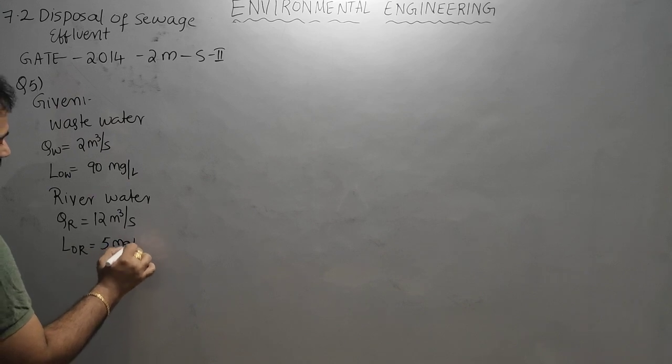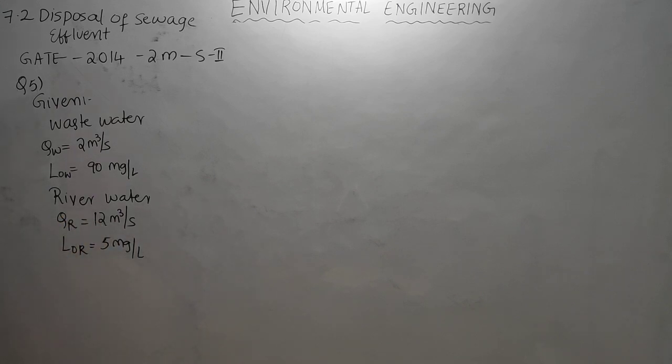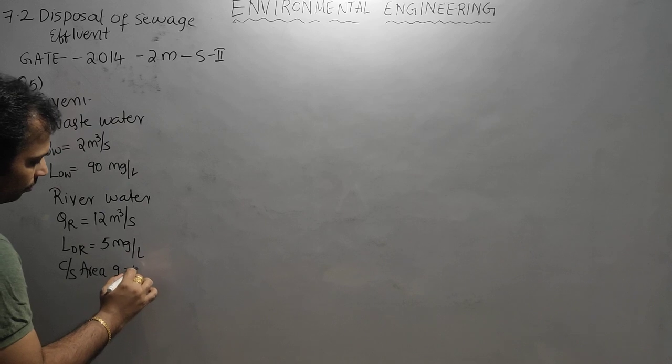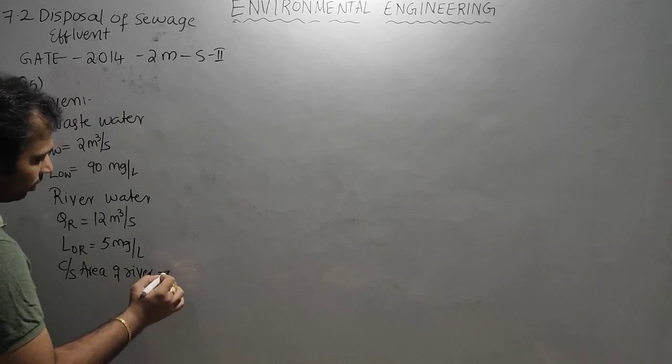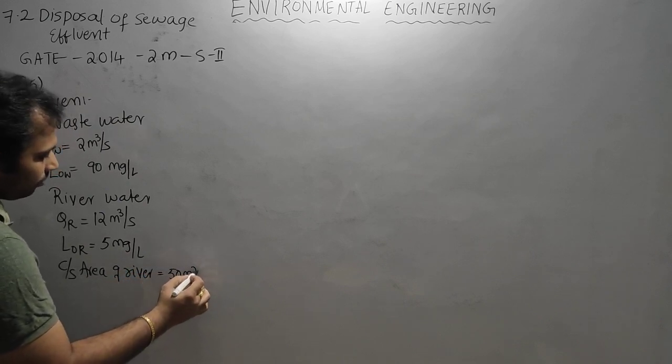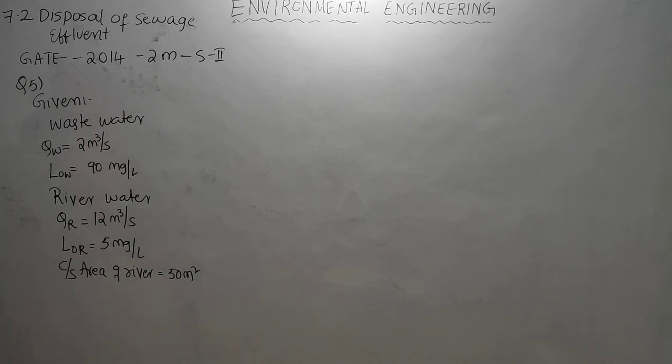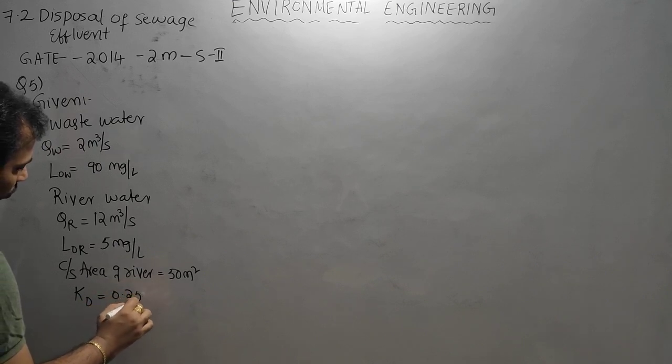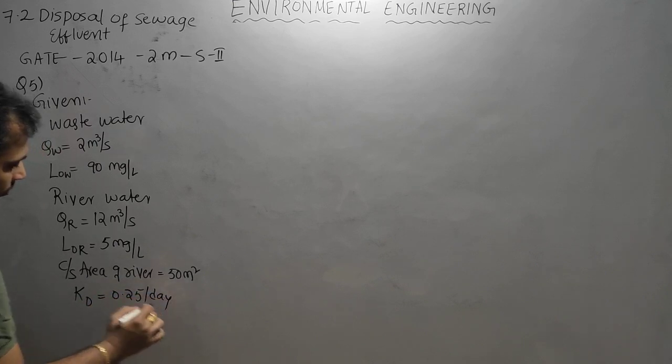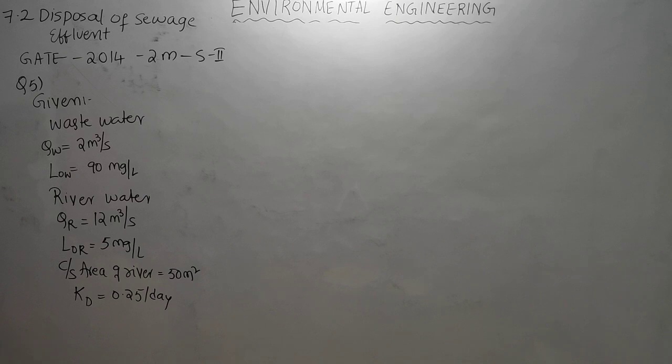The cross-sectional area of the river is 50 meter square, and the deoxygenation constant KD is given as 0.25 per day.